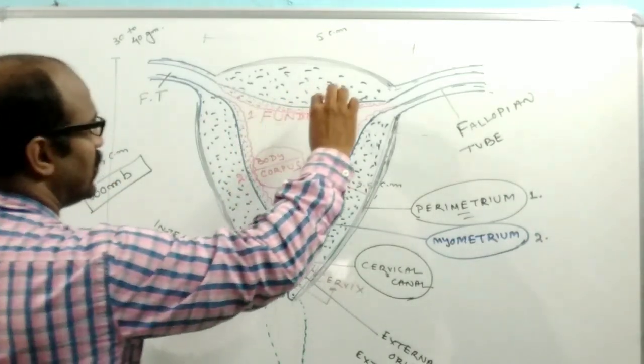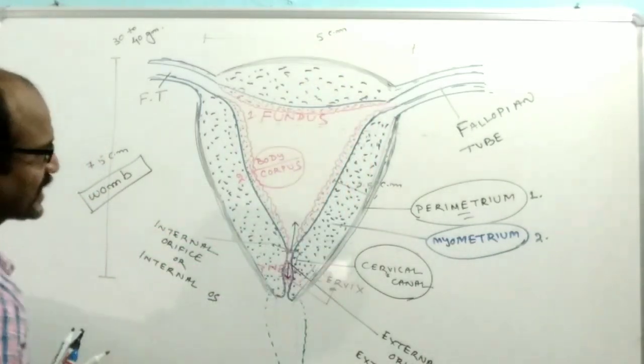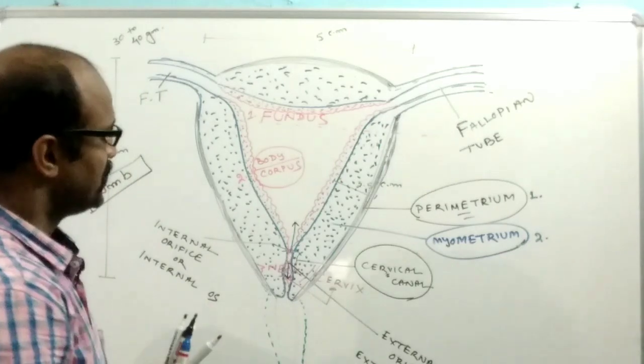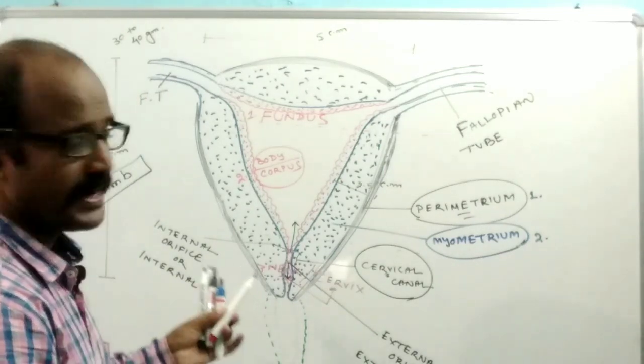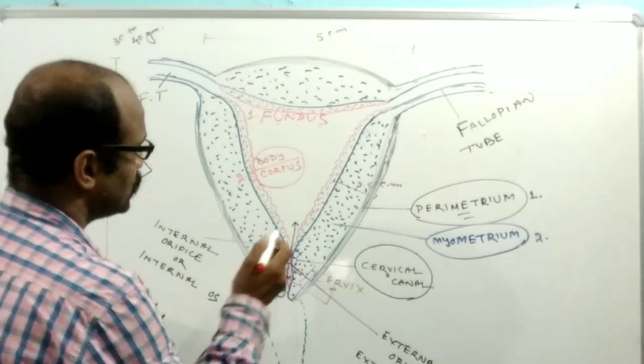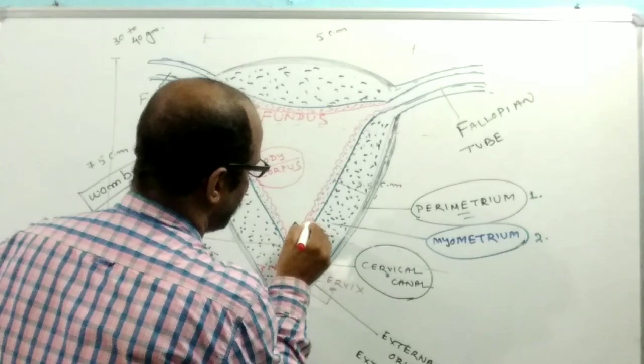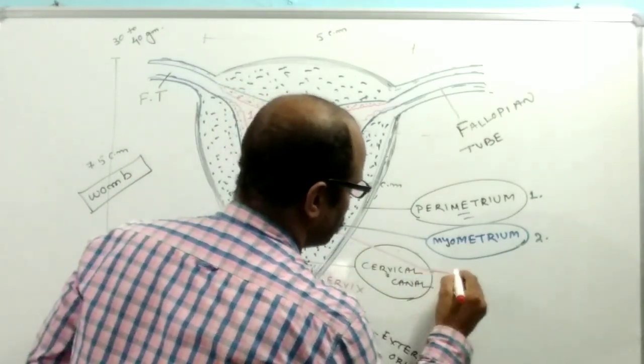So the destruction and regeneration of the endometrium take place repeatedly with each menstrual cycle.